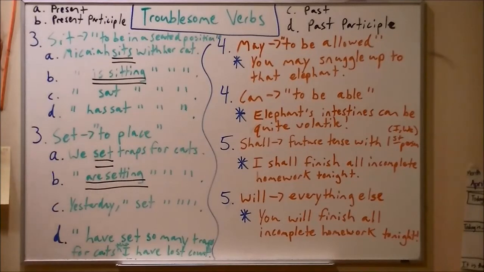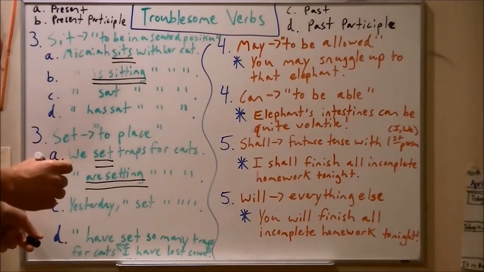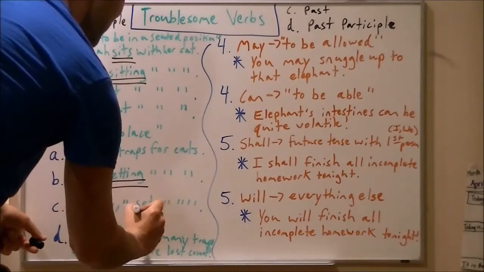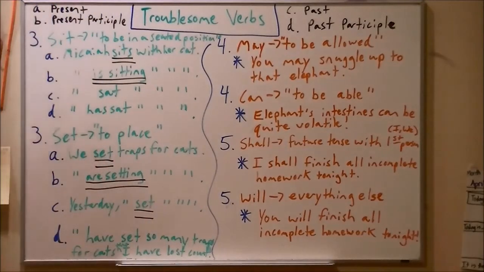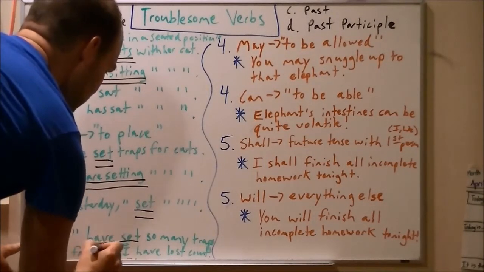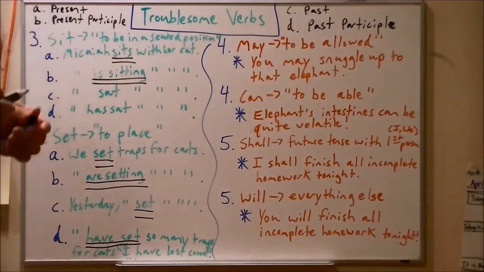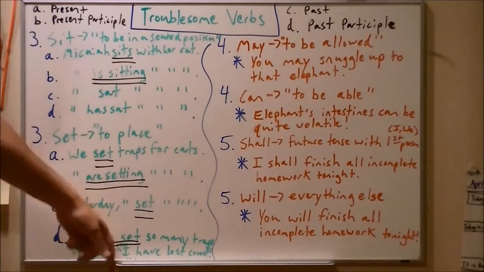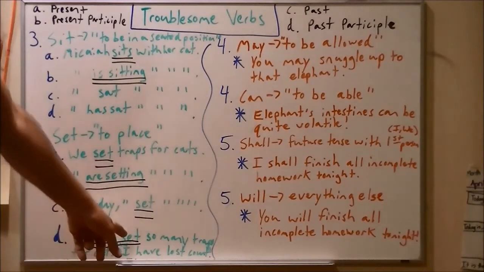3C, yesterday. Now notice this is past tense here. Yesterday, it's not we sat traps, it remains, guys, S-E-T. We still set. Even though it's a past tense verb, the spelling is the same as the present tense. That's kind of unique. D, we have set. Notice it doesn't change yet again.